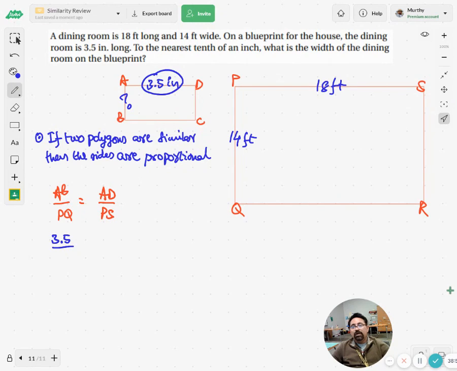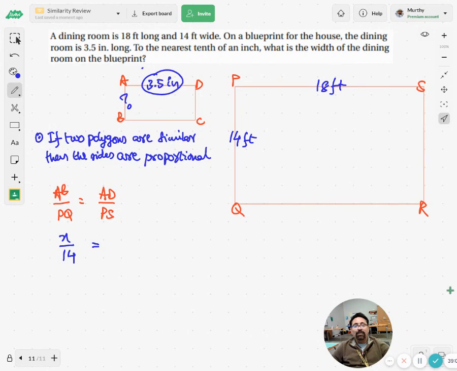My apologies, I made a small mistake here. AB, which is this one, is not known. So it is X over PQ. I see that it is 14 feet.